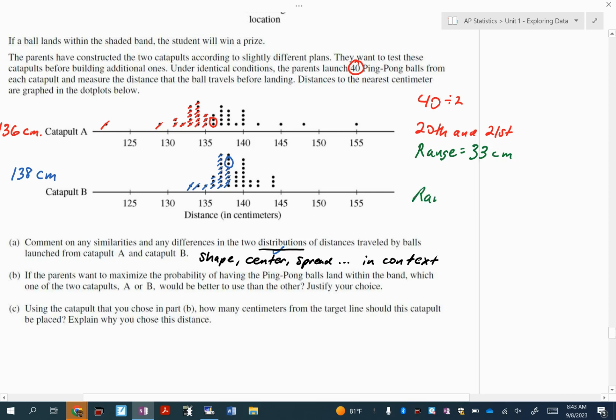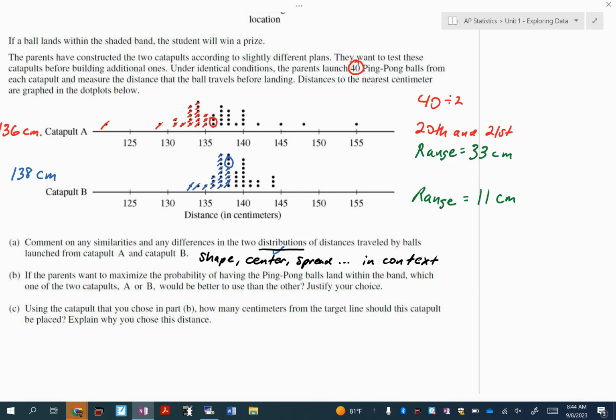All right, and then what about for catapult B? 144 is the maximum distance launched, and this is 133. So 144 minus 133 is 11. That's a pretty big difference, guys. We're talking about a difference of about 10 centimeters for catapult B, all the way up to over 30 centimeters for catapult A.